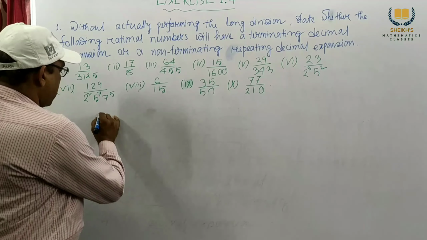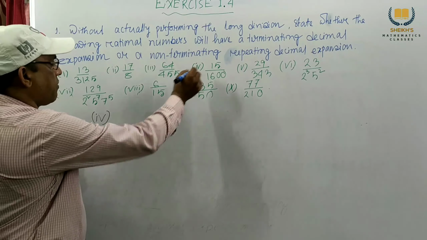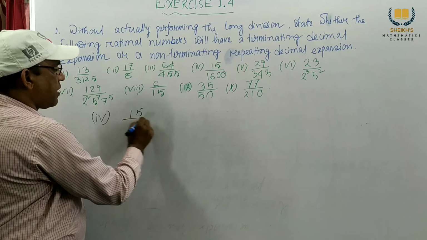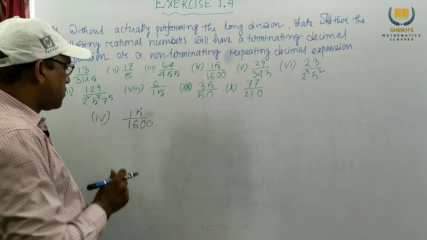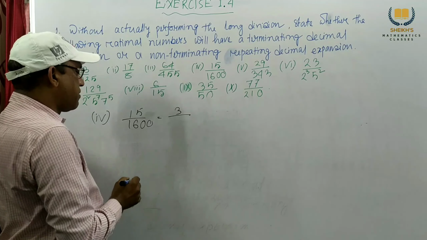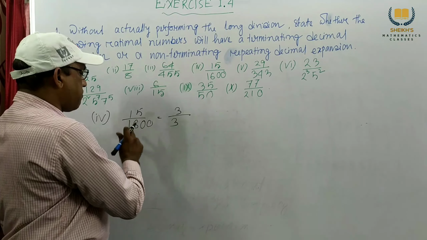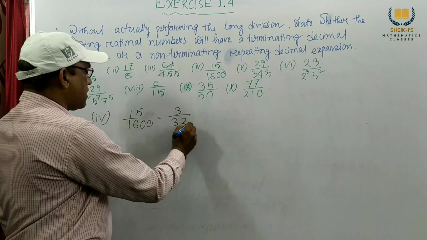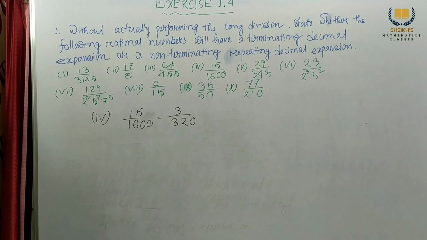Now we consider problem number 4, given 15 by 1600. This number is divisible by 5: 5 threes are 15, 5 threes are 15, 5 twos are 10. This is 320 we get.